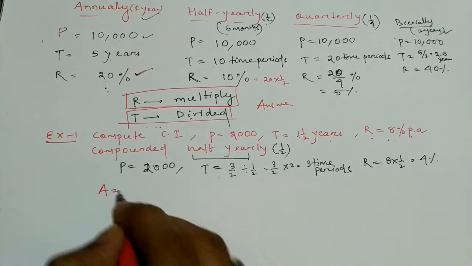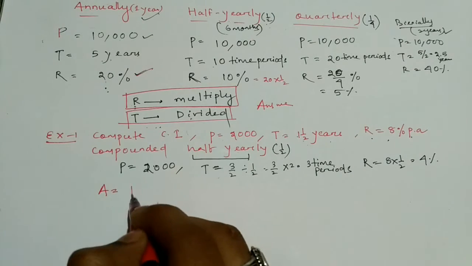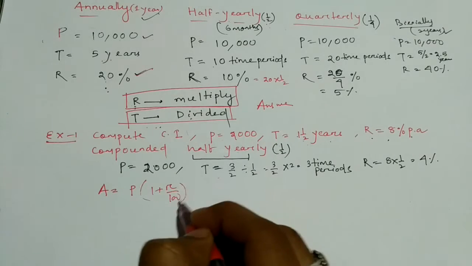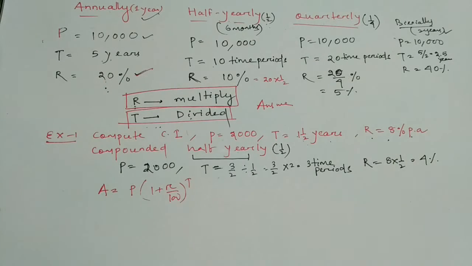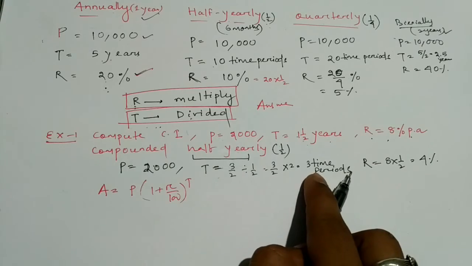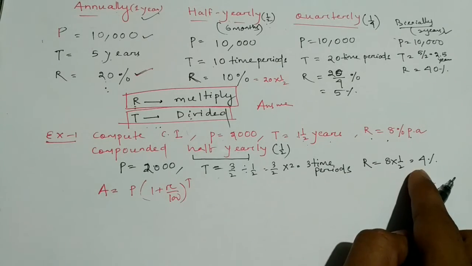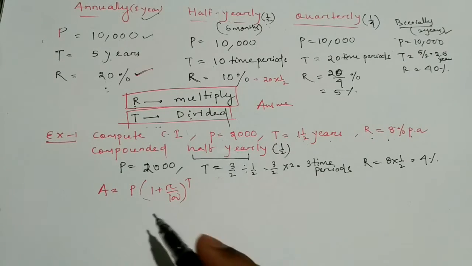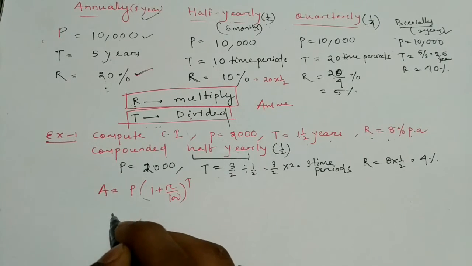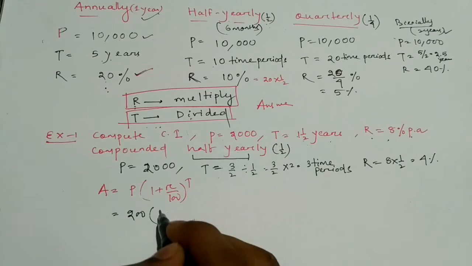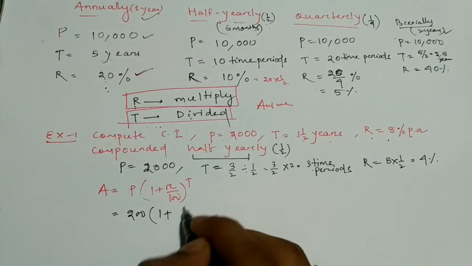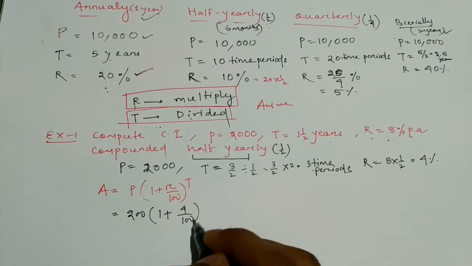Just the simple formula: A is equal to P whole 1 plus R divided by 100 to the power T. We have P here, T is 3 time periods, rate of interest is 4%. Simply put the values and get your answer. So P is 2000, 1 plus R by 100, R is 4, 4 by 100 to the power 3.